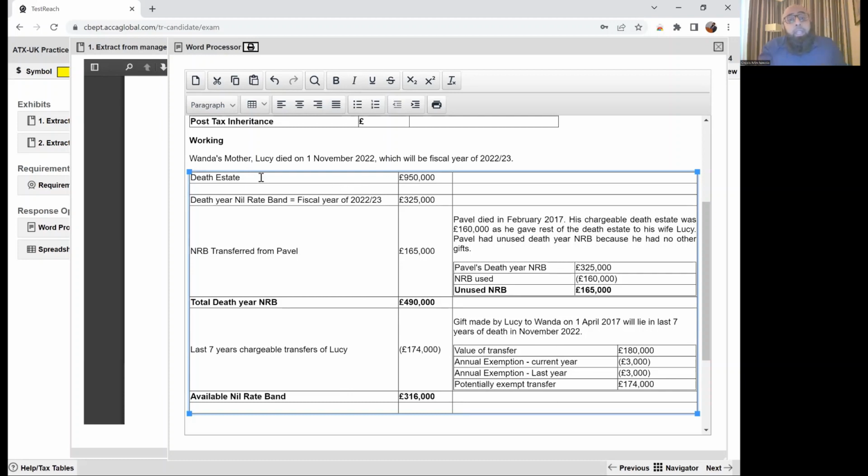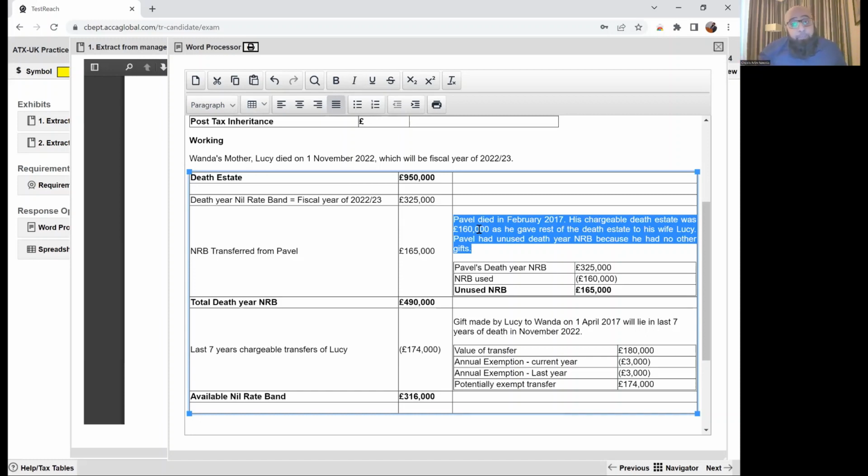Now we deduct the death year nil rate band, because the 0% rate needs to be evaluated. The nil rate band is 325,000 of Lucy herself. Now, since there is discussion of Lucy's husband Pavel's death, we need to look at Pavel's unused NRB. If one of the spouses fails to utilize the complete NRB at death, it gets transferred.